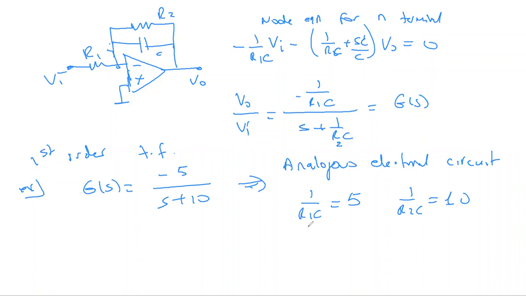If I can find R1, R2, and C, 3 variables, to make sure that 2 equations are satisfied, I will have the same dynamical effect from this system, whatever the transfer function of G of S is coming from. This can be a nuclear energy system behavior.